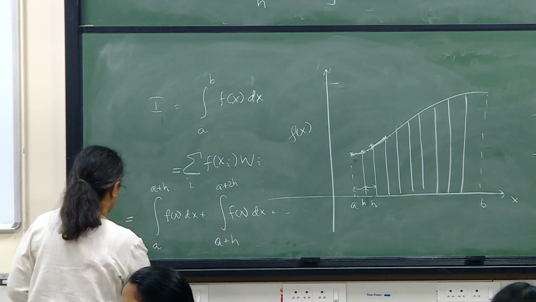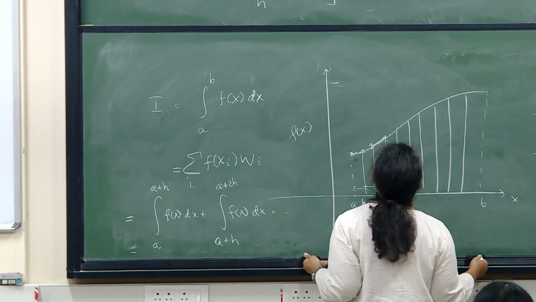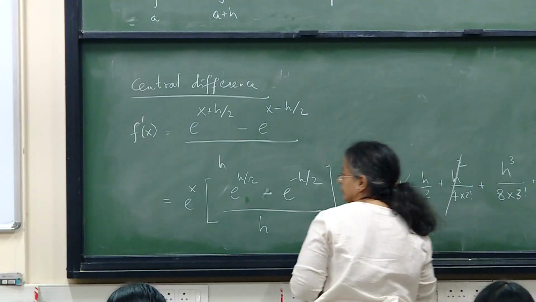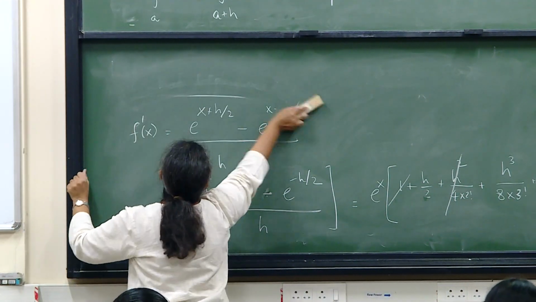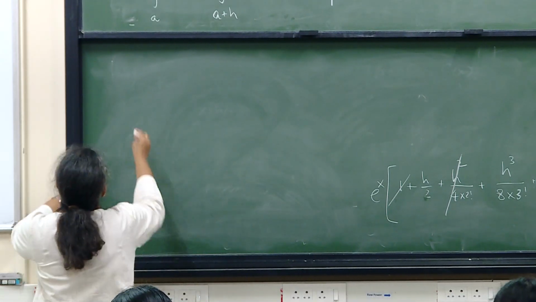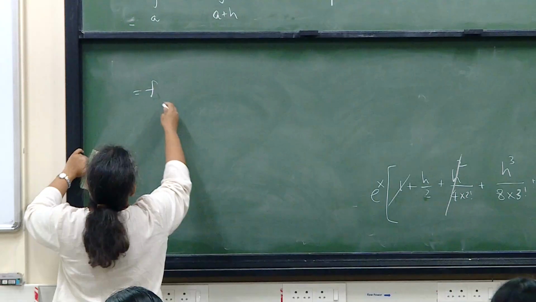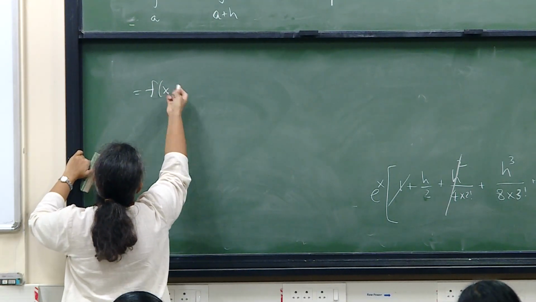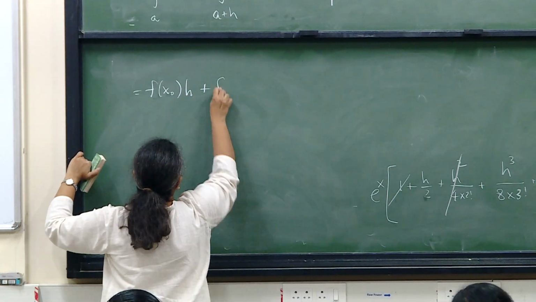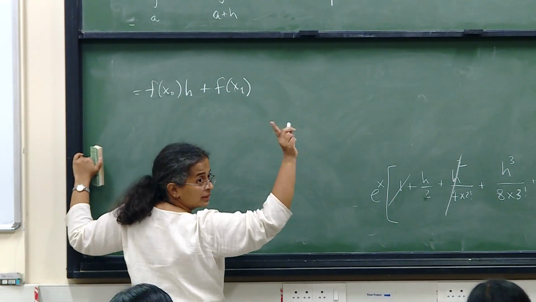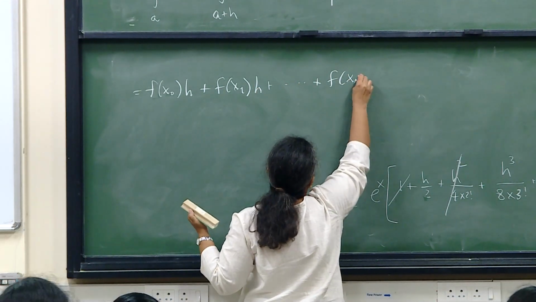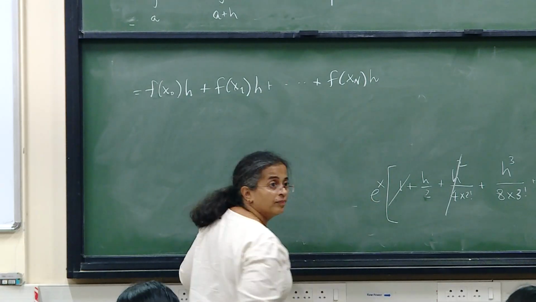So this first term is going to be the value of f at some midpoint, I'm going to call it x0 because it's in the first interval, times h, plus f of x1, some point in the second interval, times h, plus etc., f of x n times h.